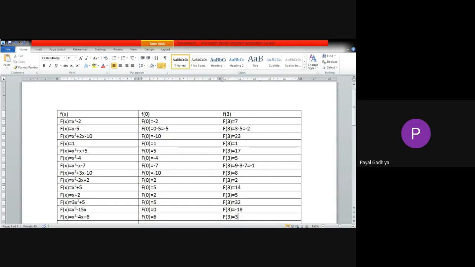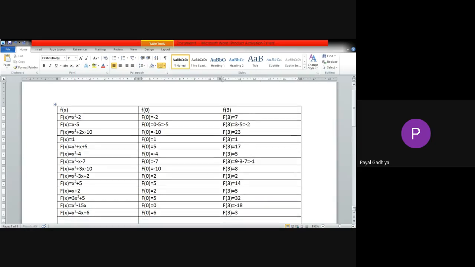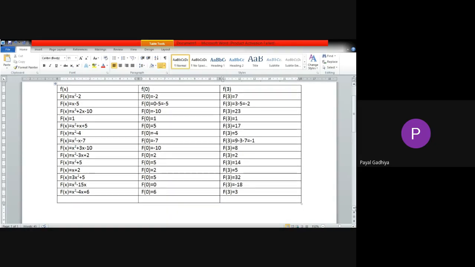If you can attend the session, then you can give example also. Will you be able to give example or not? So that we can go to the next student. Okay, leave it.